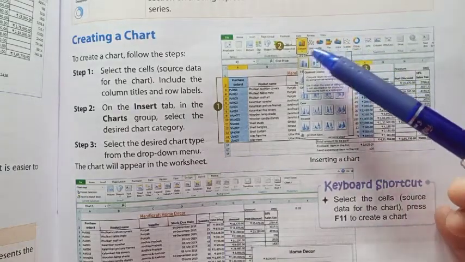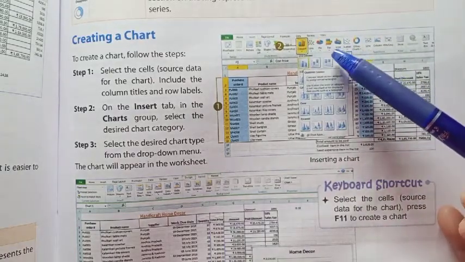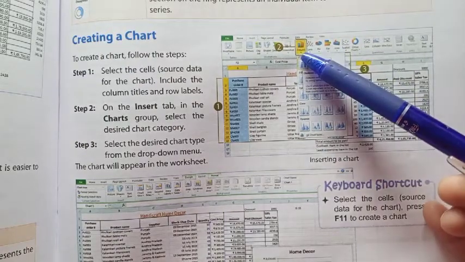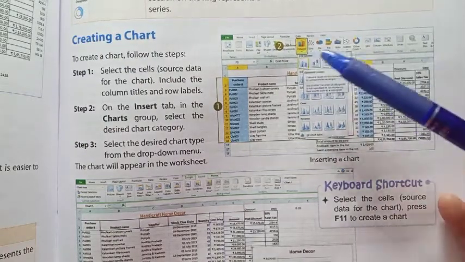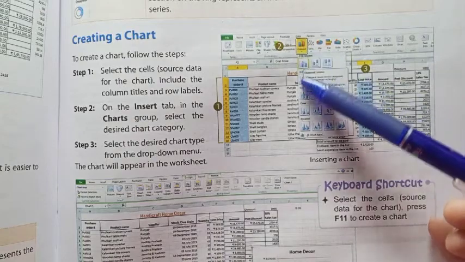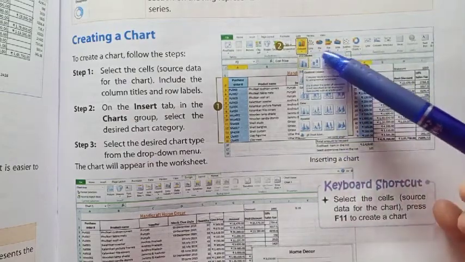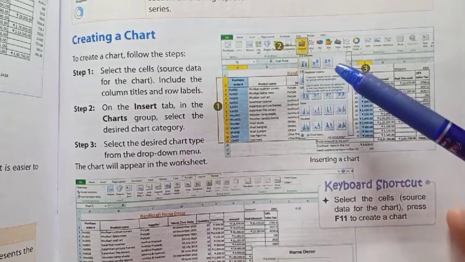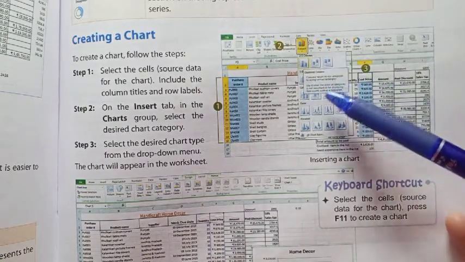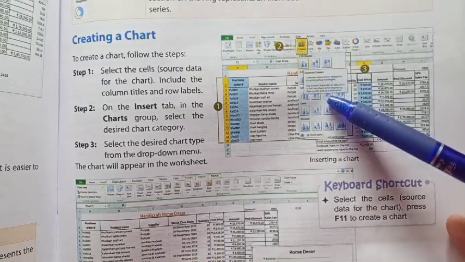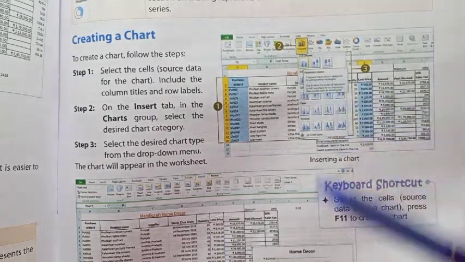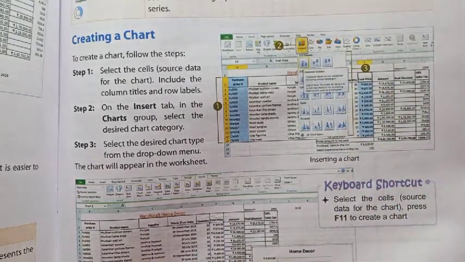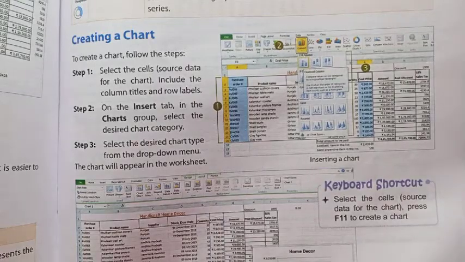Click on the category that you want to use. If you want to use the bar, click on the bar. If you want to choose the column, click on the column. When you click on the category, you will find a number of charts shown in the menu, the 2-dimensional as well as the 3-dimensional. Whichever is your desired one, you click on that. As soon as you click on that, you will get the chart inserted into the sheet.